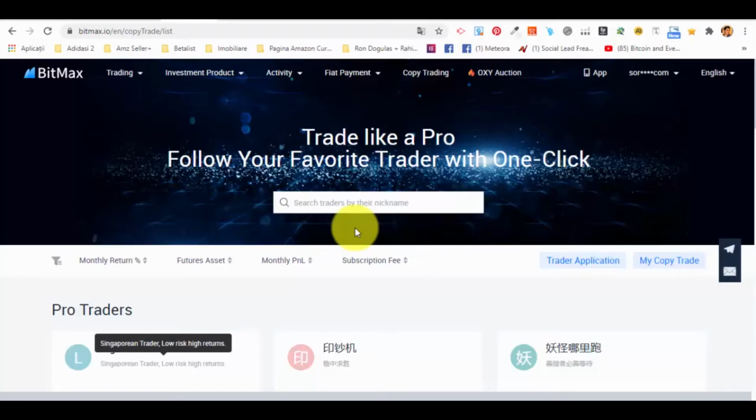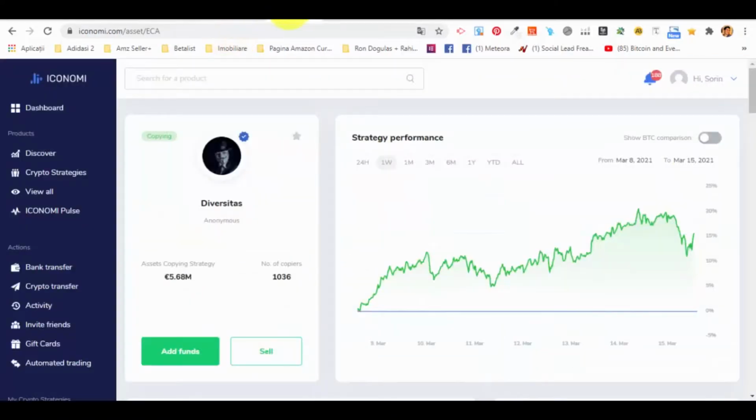One of them is Iconomy and one of them is BitMax. BitMax you have seen before, they have a very good diversified staking type of service offering, and Iconomy is a platform where this is actually what you are doing. It's focused on copying traders, or copy trading.